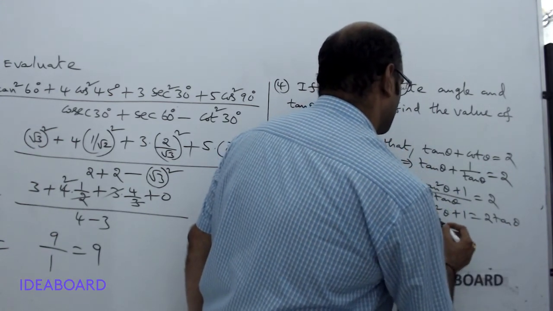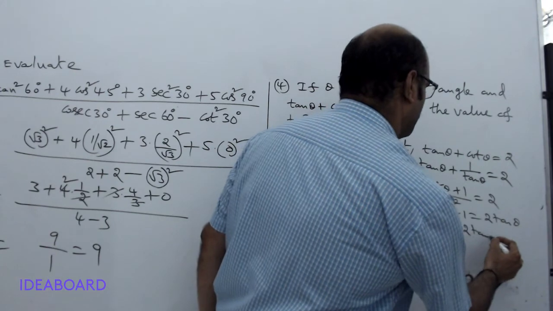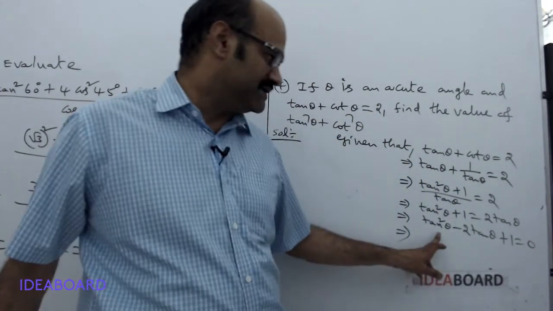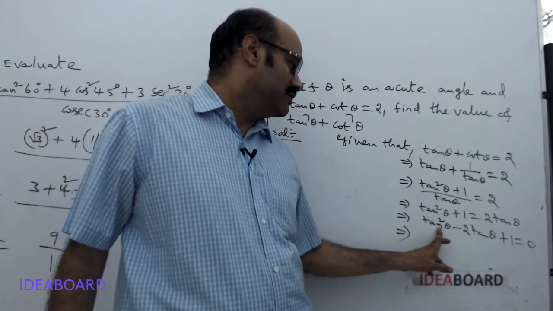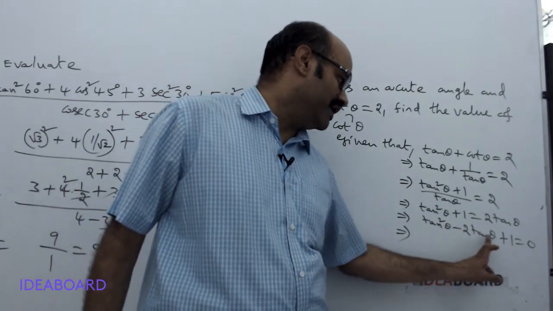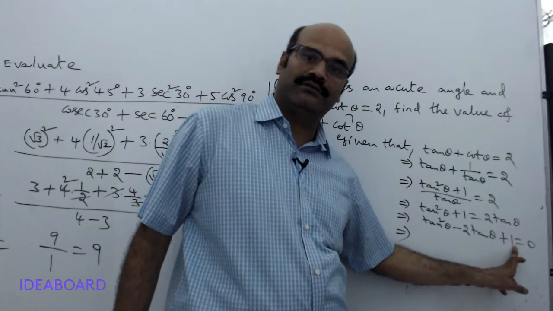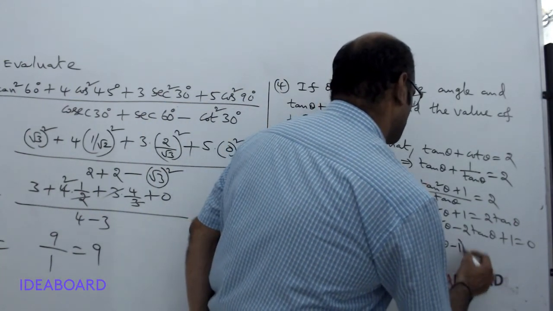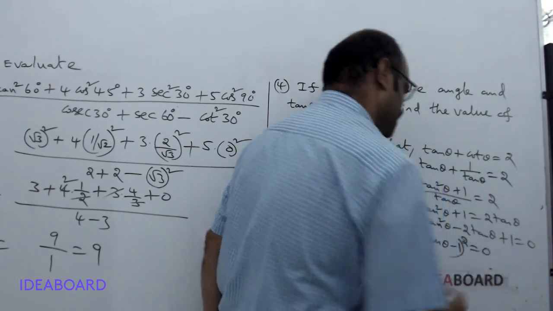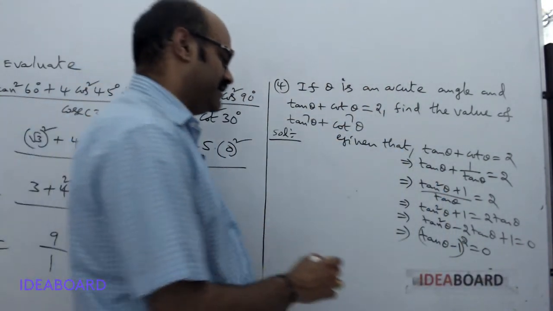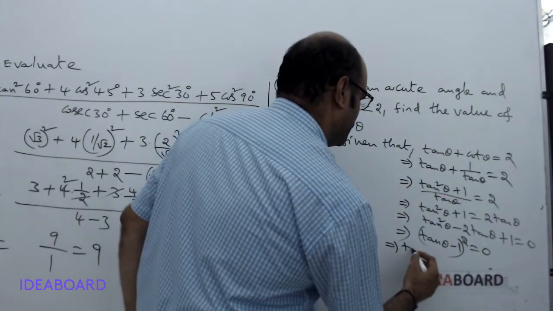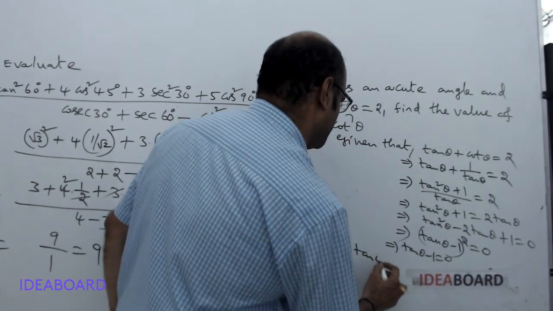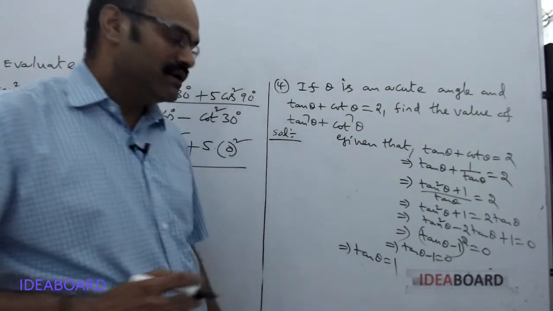Tan square theta minus 2 tan theta plus 1 equal to 0. So it's in the form of a square minus 2ab plus b square. So we can write it as tan theta minus 1 whole square equal to 0. So it implies tan theta minus 1 equal to 0. So it implies tan theta equal to 1.